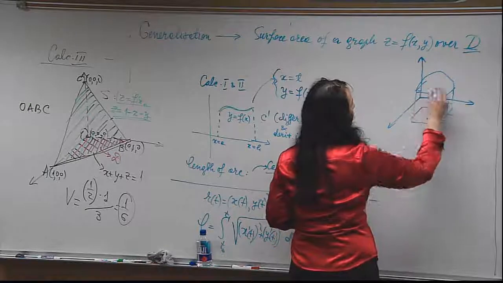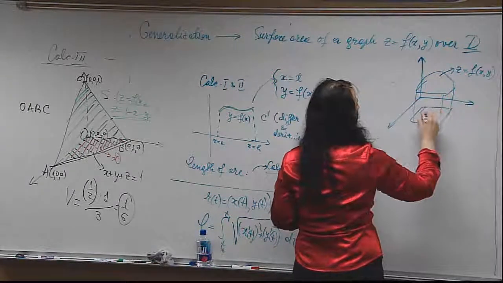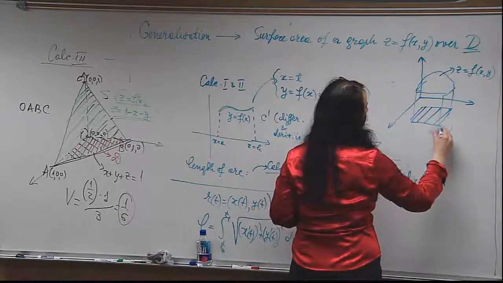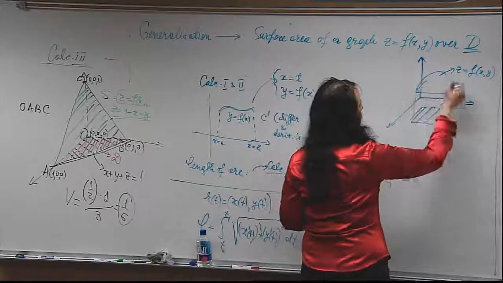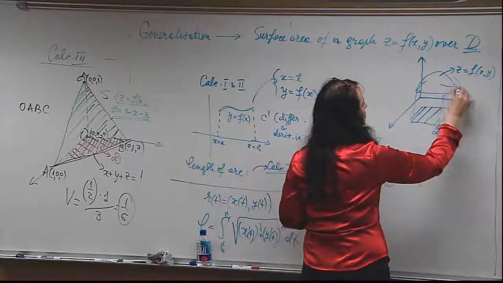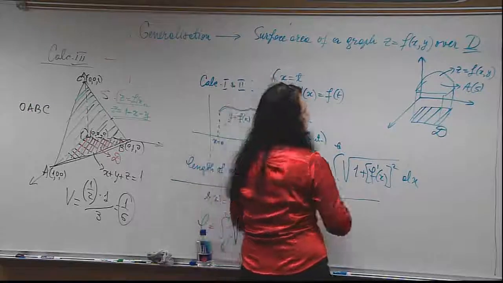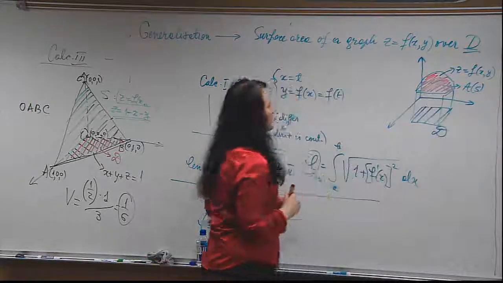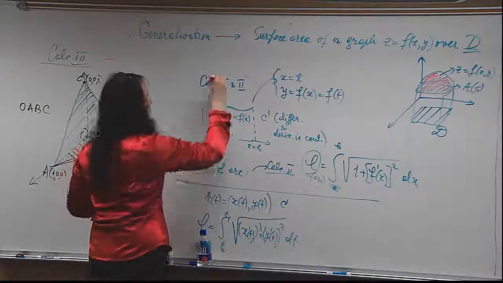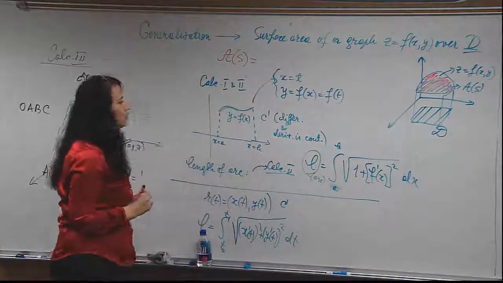So you have z equals f of x, y that projects exactly over D. The area of the surface, let's call it A of S, will be, what do you think it will be?